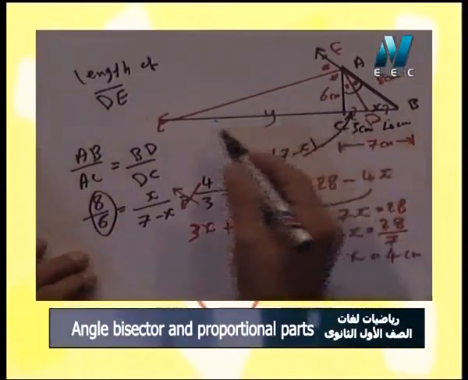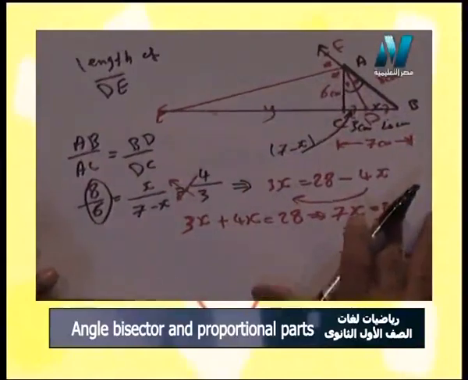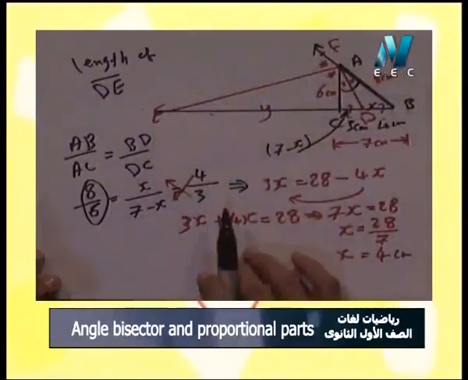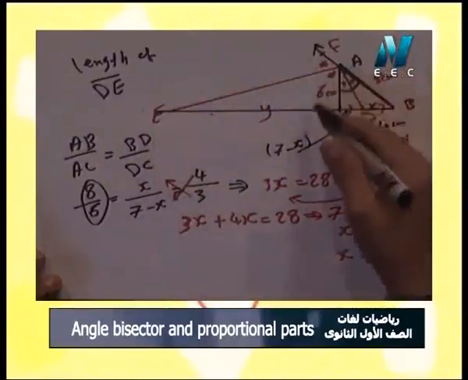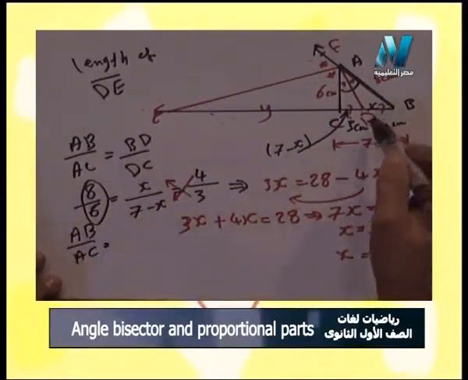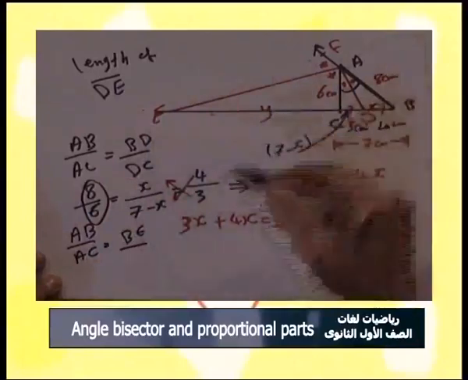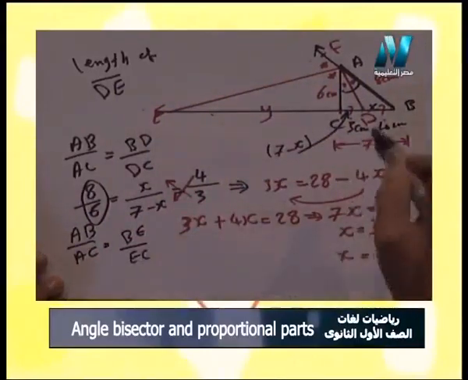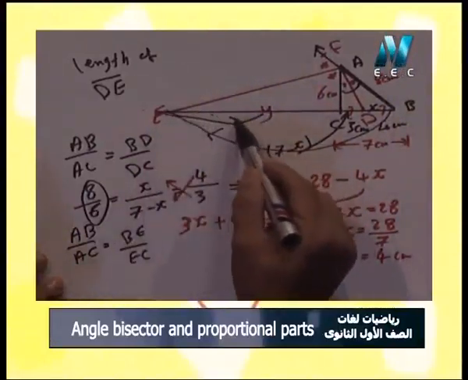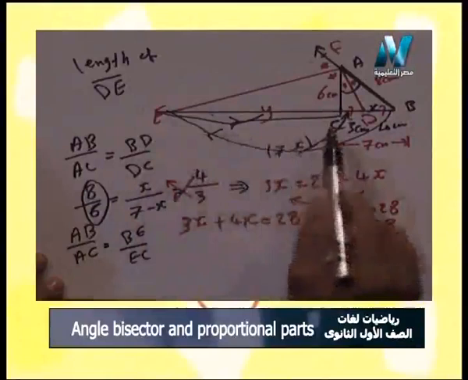And we would like to find CE, which is y. So we will use the external bisector of the angle CAF. So AB over AC equals BE over EC. Remember, BE: you go to B and return from E to C. So BE over EC.